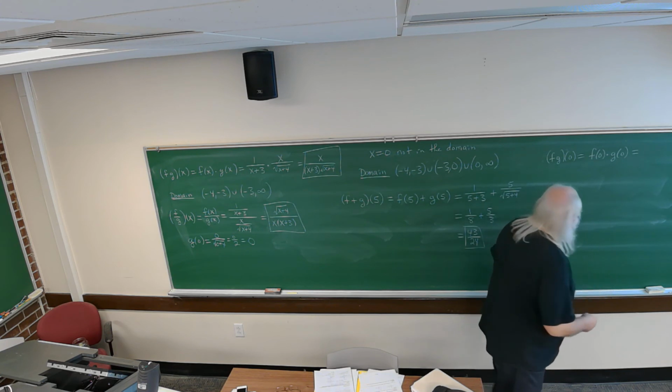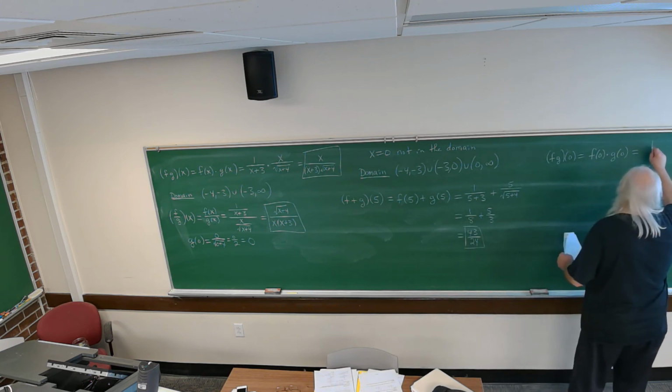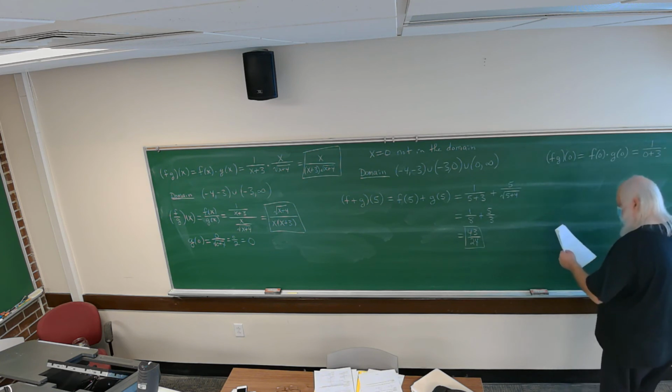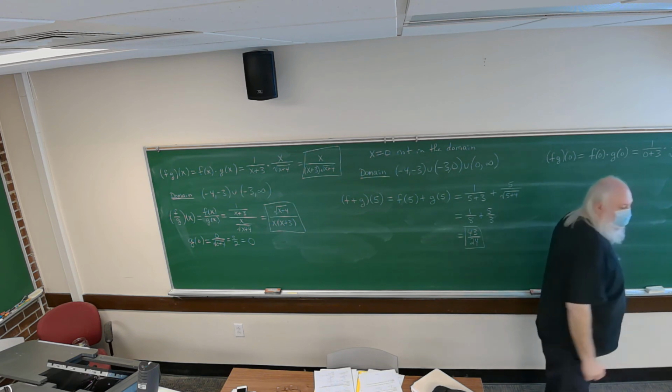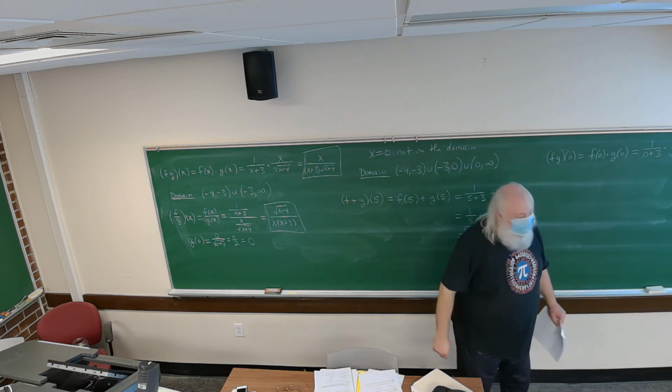So what's f of 0? F of 0 is 1 over 0 plus 3, and g of 0 is 0 over square root of 0 plus 4. What's the answer going to be? 0, right?